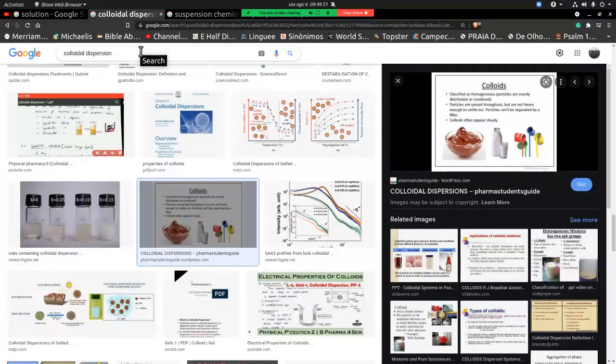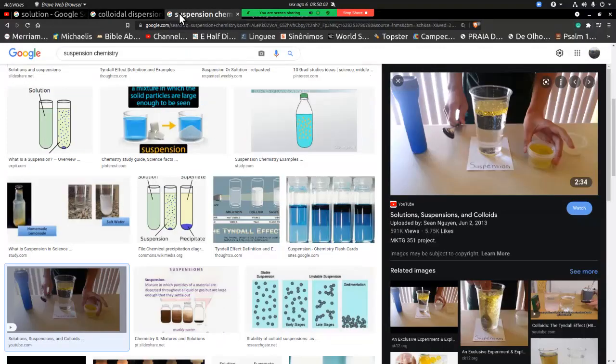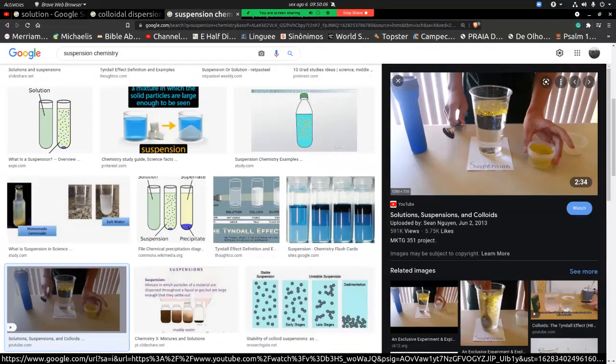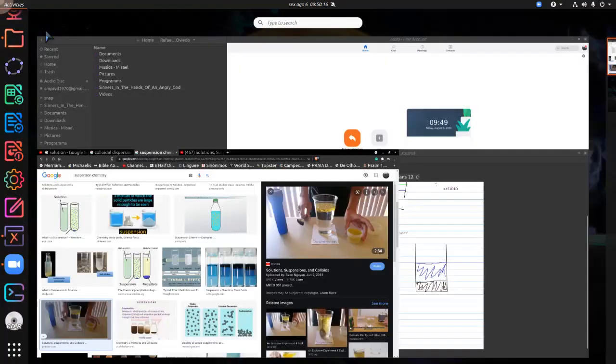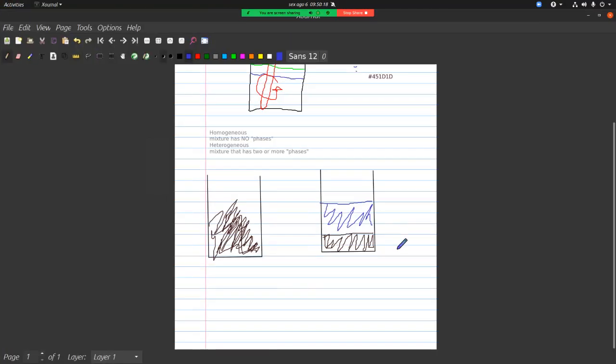Most of the time colloids are heterogeneous mixtures, like mayonnaise and water. And we have the suspension, like oil suspended in water, which can be separated by filtration, and the other two, the solution especially, cannot be. So yeah, that's it.